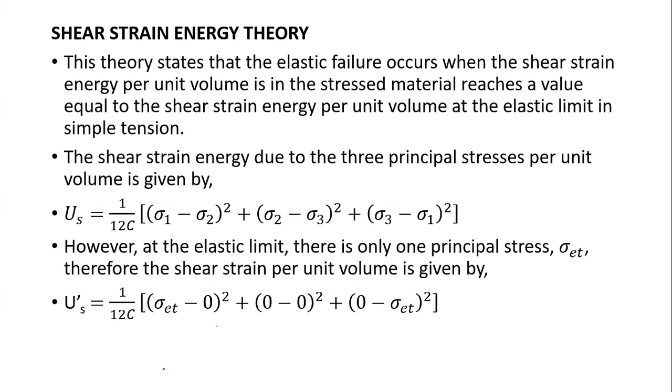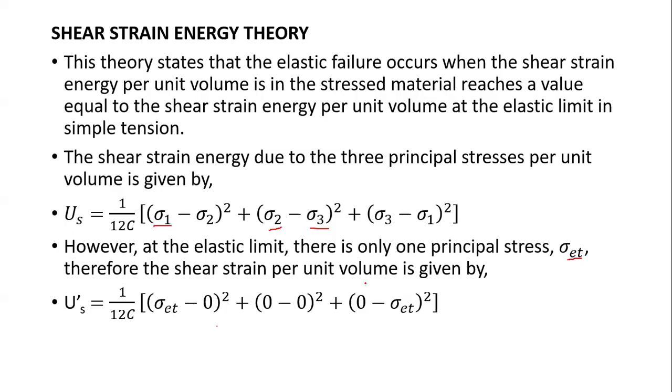Now, one thing you remember is that stress 2 and stress 3 are out. And the maximum stress, which is stress 1, the tensile one, is the one that we're picking as stress ET. Meaning the other two are zeroed.